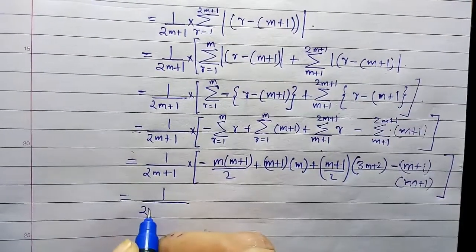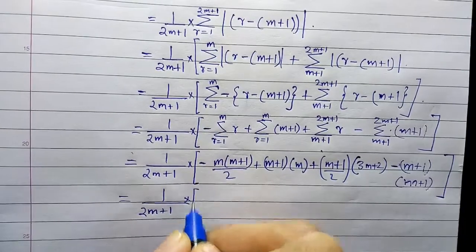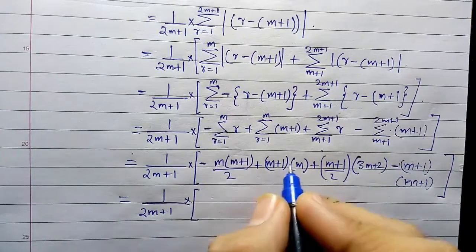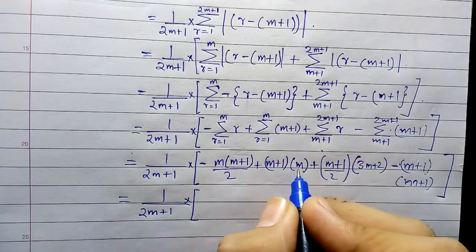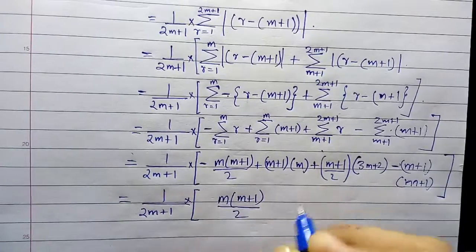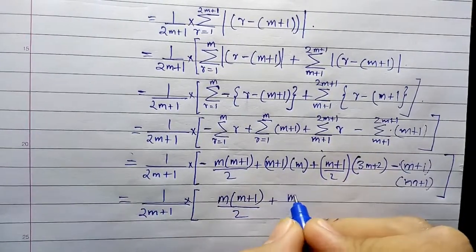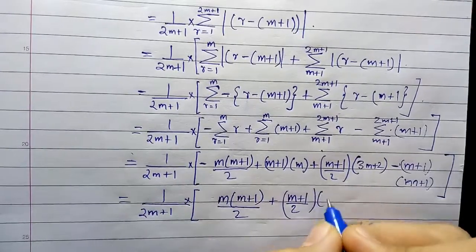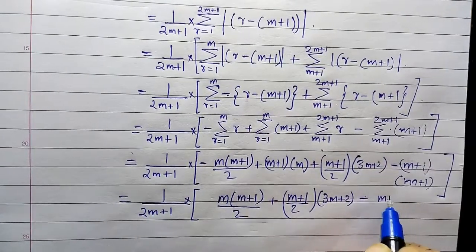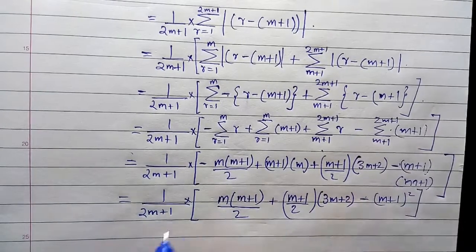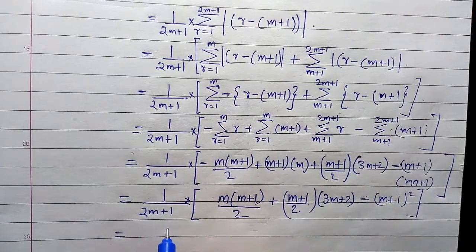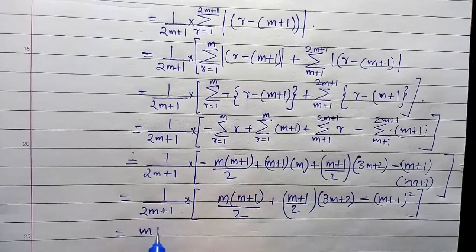Okay, we have developed some pretty sound stuff already. So as you can see, it is going to subtract with m into m plus 1. So plus m times m plus 1 by 2. You see some correlations. m plus 1 whole square. Okay, let's take something common in them.